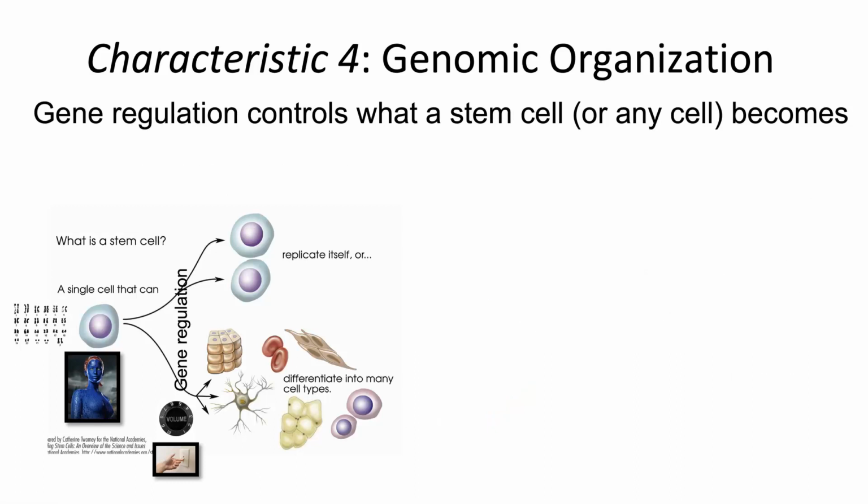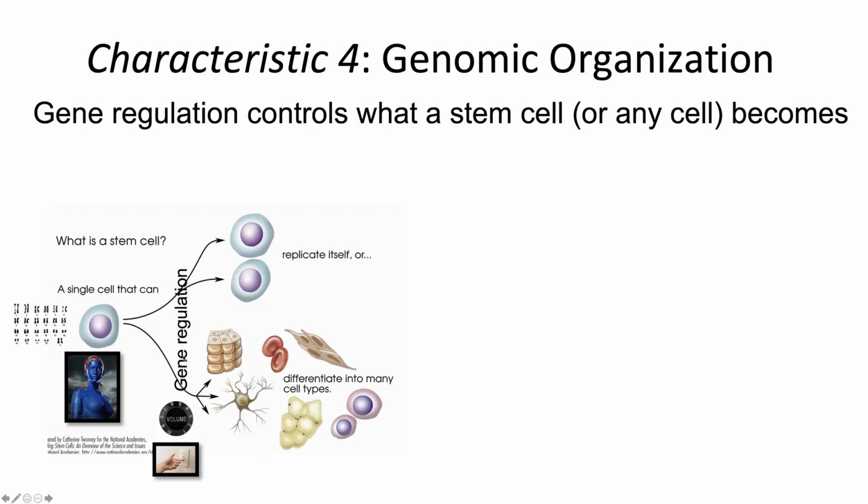So just looking at this another way, gene regulation controls what a stem cell, or really any cell becomes. So you can think of all of these different chromosomes that make up your entire genome. All of these chromosomes exist in every single cell in your body. And which of those chromosomes gets turned on can determine what a cell does, what a cell looks like. So if we think about, for example, just a stem cell has all of these different chromosomes, and we can decide which chromosomes we want to turn on and turn off.